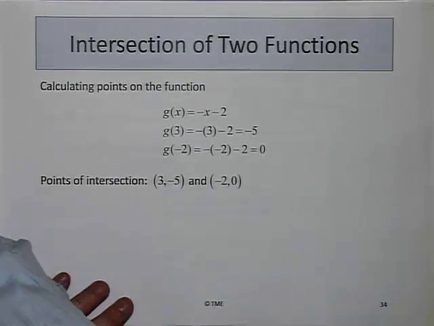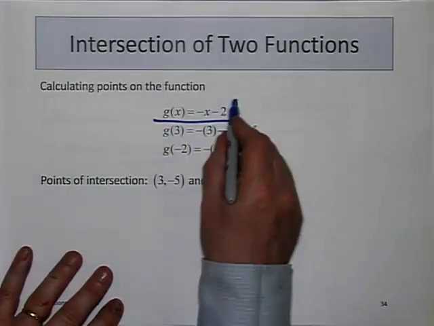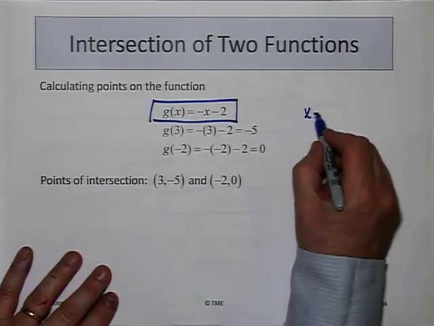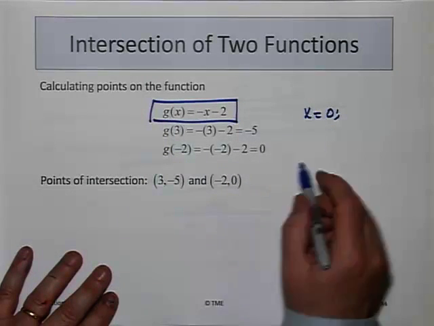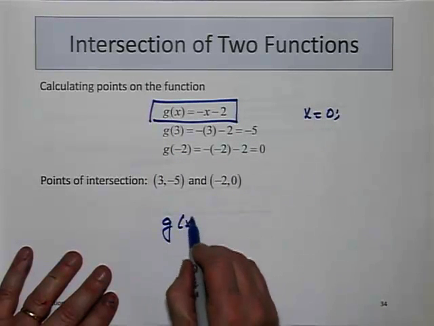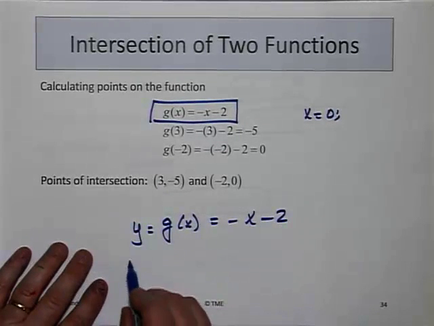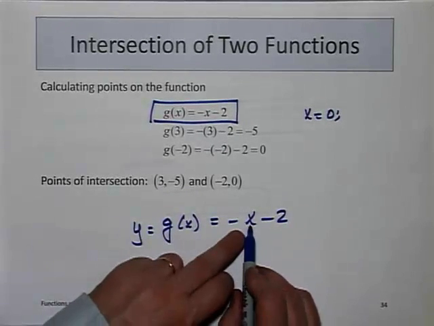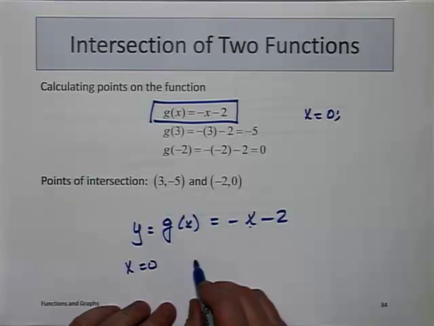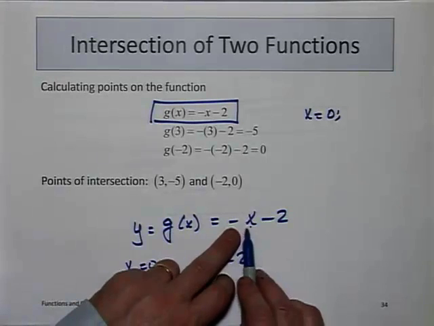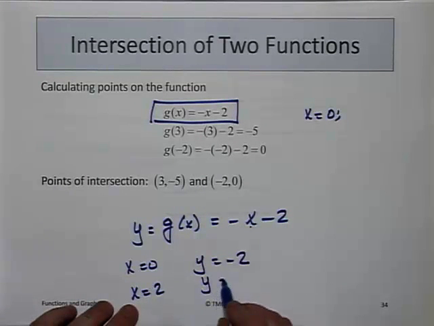So they might say g of x is equal to minus x minus 2. We haven't drawn it, so we say let x be equal to 0. What's y? g of x is another word for y, it's minus x minus 2. So if x is 0, minus 0 minus 2, y would be equal to minus 2. If x was 2, minus 2 would be minus 4.